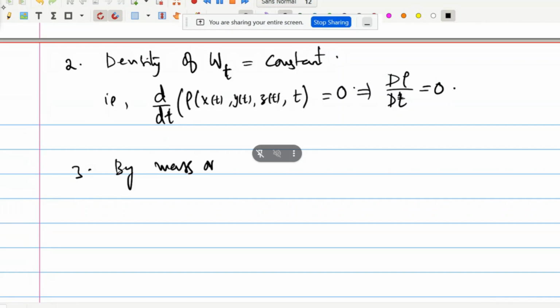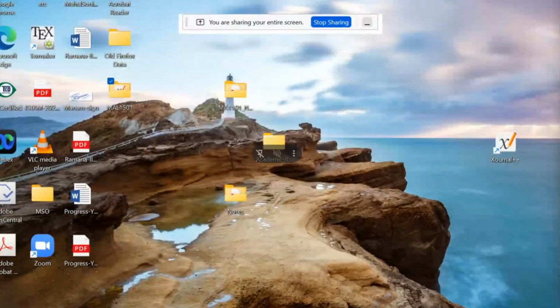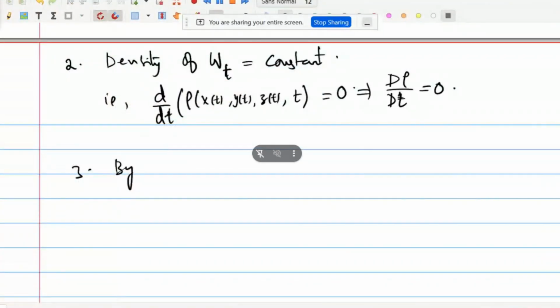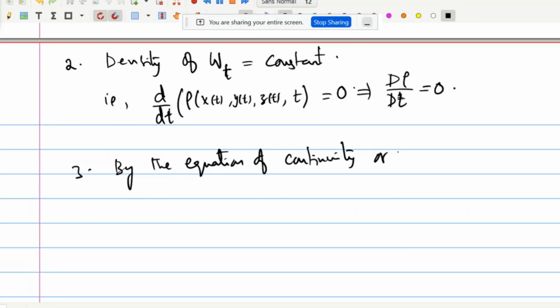So immediately third, what do you get? By mass conservation, mass equation, or equation of continuity. By the equation of continuity, what do you get?